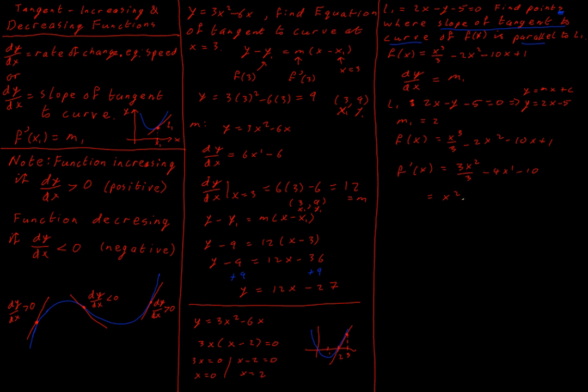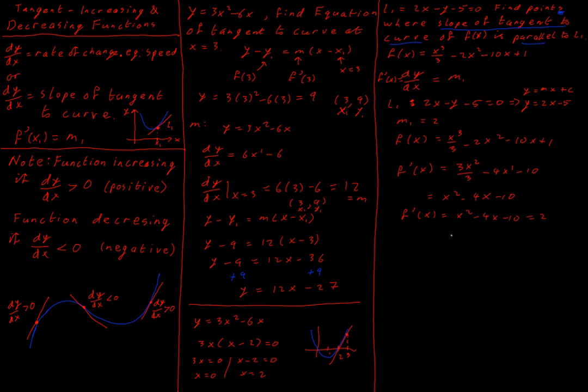Simplifying that, I have x squared minus 4x minus 10, and I want to know, when is f dash x equal to 2. So x squared minus 4x minus 10 is equal to 2.